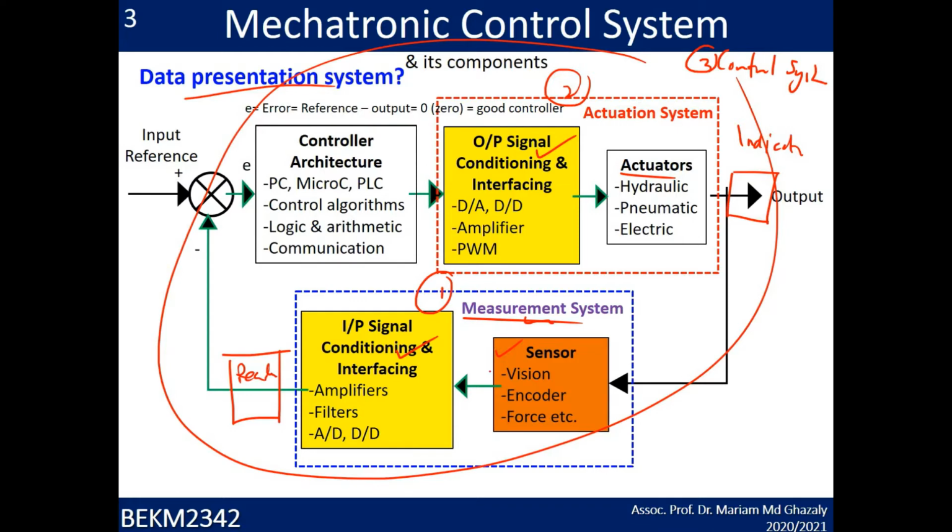So you are going to record all the data from the sensor after going through all the signal conditioning, amplifiers, filtering, and A to D. This data will be useful for the control design later on.